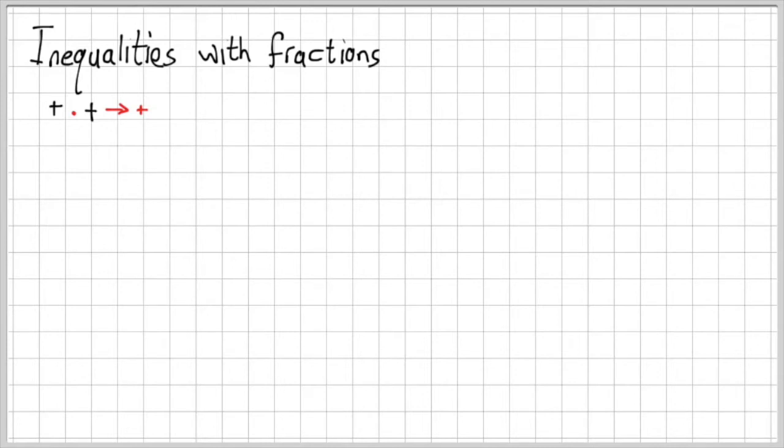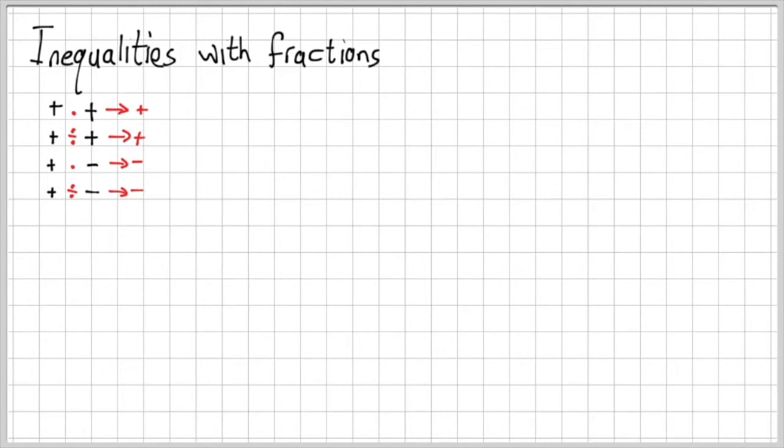For instance, a plus times a plus, which you see on the screen now. If I multiply them, the answer is a positive. But what if I say a plus divided by a plus? It's still a positive. What about a plus times a minus? Well, that is a negative. And a plus divided by a negative? Well, that's also a negative.